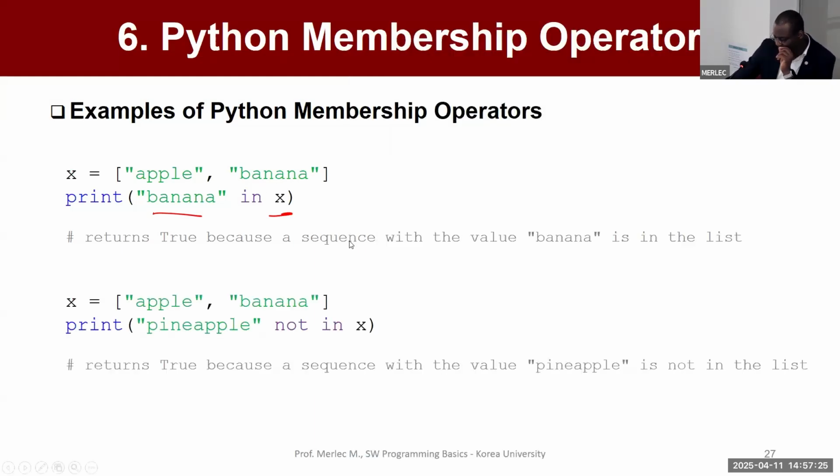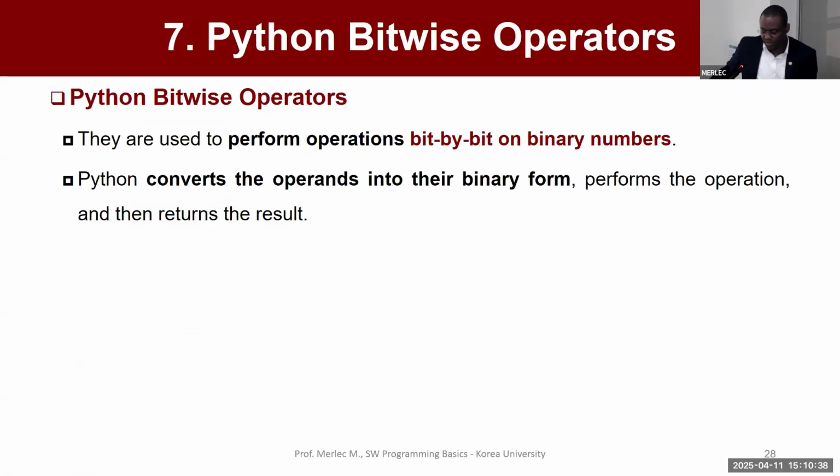Right. Now, this is the last one, which is called the bitwise operator type. Bitwise operators are used to perform operations on bits.